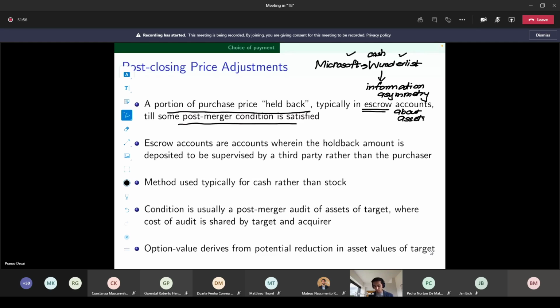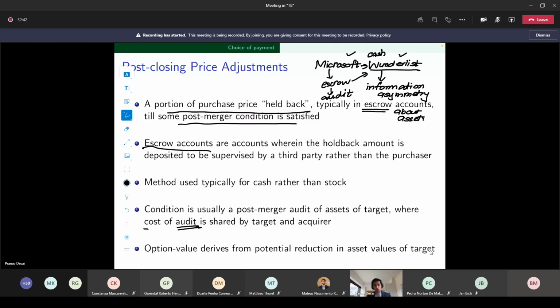Now, once there is an audit of Wunderlist's assets, then the escrow lawyer will basically transfer this held back amount into Wunderlist's account. So there will be a third party with an escrow lawyer, which will receive a portion of the payment, and then transfer to Wunderlist, so long as certain audit conditions are satisfied. What this does, transferring it into a third party, is that it reduces the bargaining power of this purchaser.